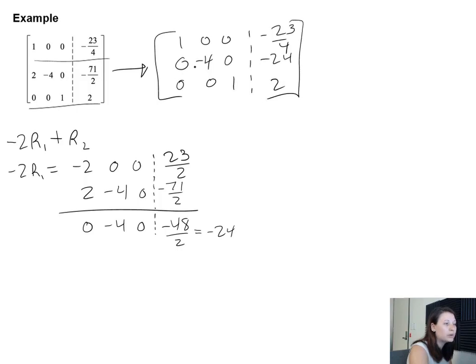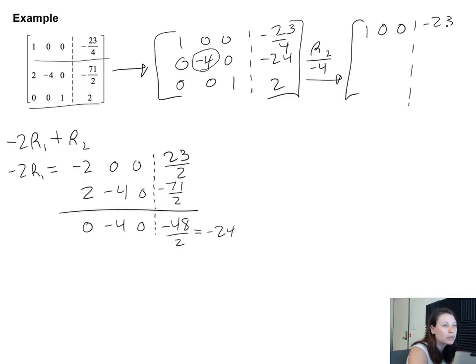Now, the very last thing we want to do is get this to be a 1. So, just divide by -4. So, row 2 over -4. That gives us 1, 0, 0, -23 fourths, 0, 1, 0, positive 6, 0, 0, 1, 2.